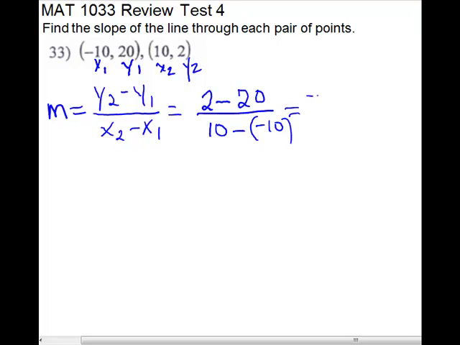Clean up, so we have a negative 18 on the numerator, minus a negative makes plus 20 on the denominator. This one we should reduce. It's still going to be negative. They're both even, so you can divide by 2. 2 into 18 will go 9, and 2 into 20 will go 10.